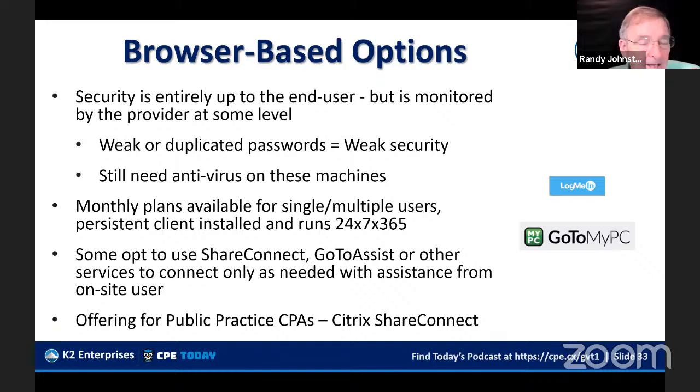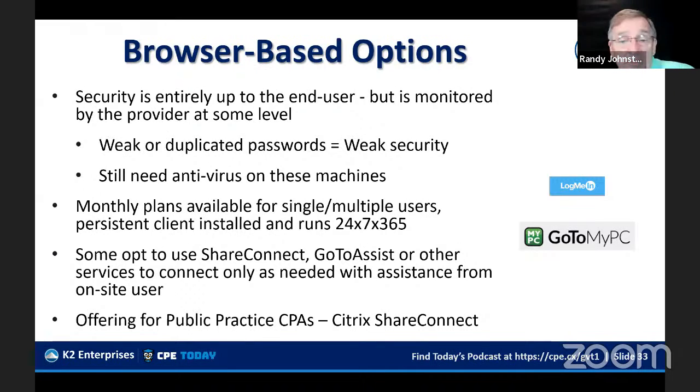And what happens here is because you've got weaker, duplicated passwords, that means you're going to have weaker security. You're going to need antivirus on all the machines involved. And these vendors sell their plans on a monthly basis for single or multiple users. And if you're going to use them all the time, you need to have a persistent client installed and running 24/7 on the various machines.